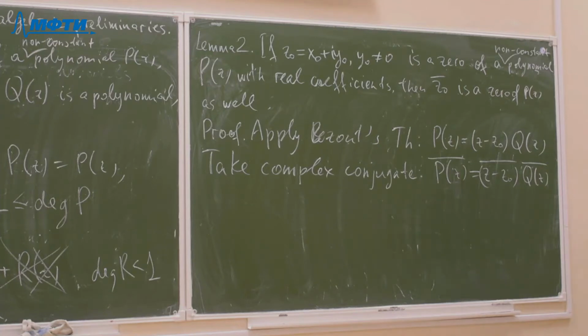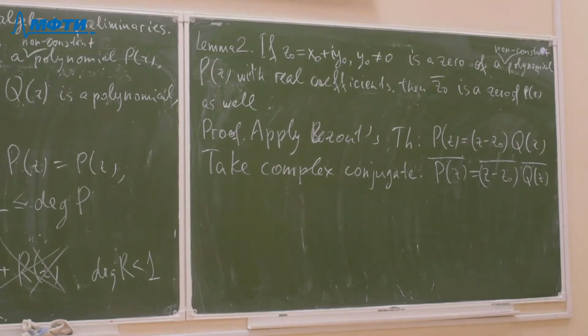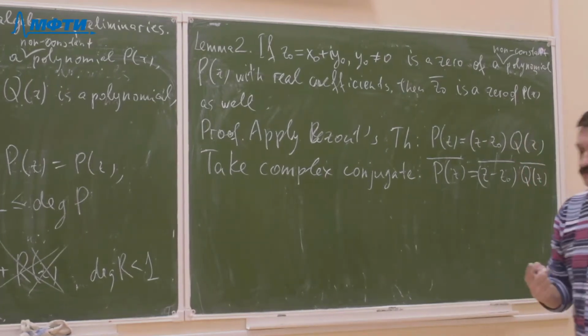Let's have a look at what is written here. P of z was a polynomial with real coefficients. And what we know about complex conjugation?